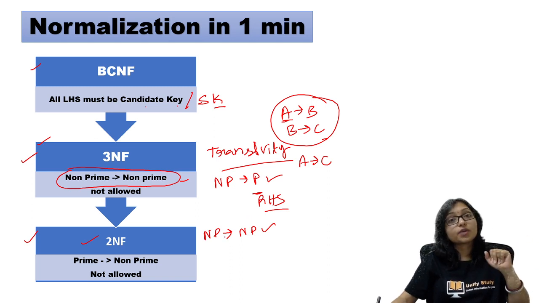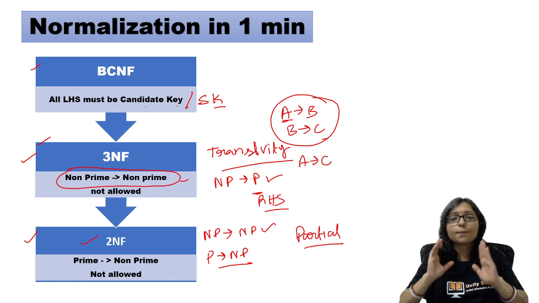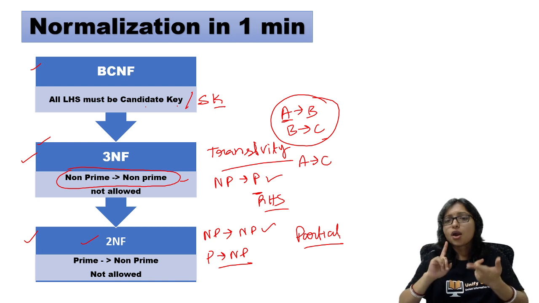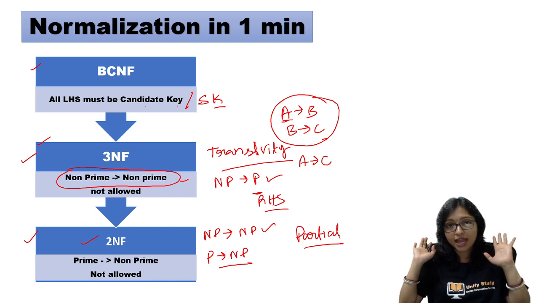Now which do we not allow? We are not allowing prime to non-prime here. That is called partial dependency. What is partial? Partial means part of a candidate key. And here is one trick I am telling you: partial can happen only when there is more than one attribute in the candidate key.